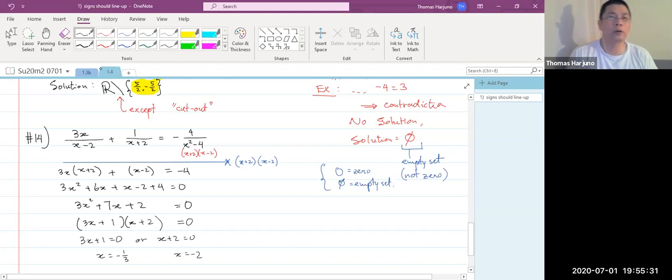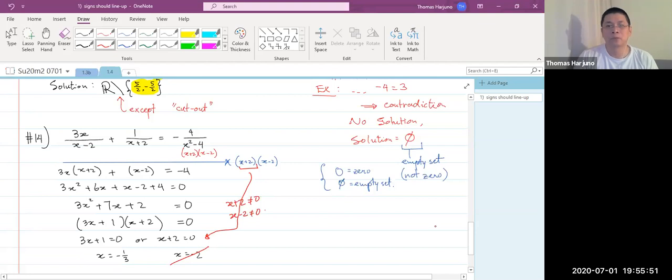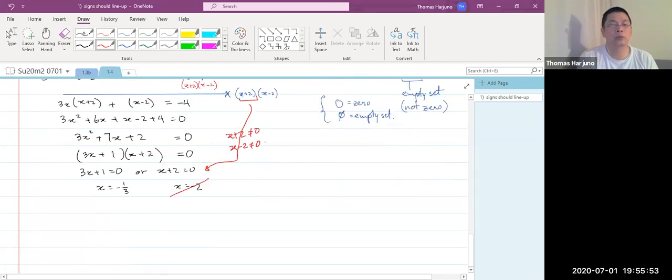However, be careful. Notice that we need to reject this one, because we know that x plus 2 cannot be 0. So our final answer, what you can do is just cross that out and then box this one.